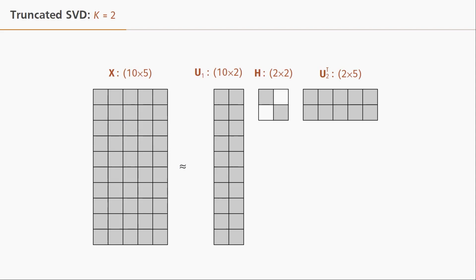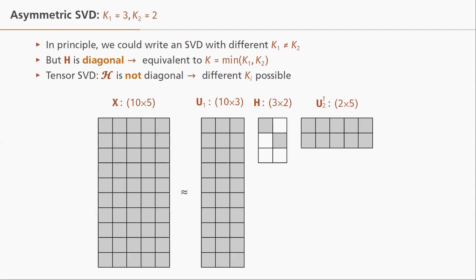Now note that in principle, we could write the SVD where we have a different number of factors in the first and second dimension. For example, with 3 factors in the first dimension and 2 in the second, I would have a 10 by 3 matrix, a 3 by 2 matrix, and then the 2 by 5 matrix. I could write it like that.